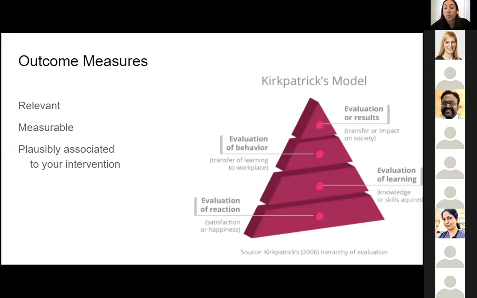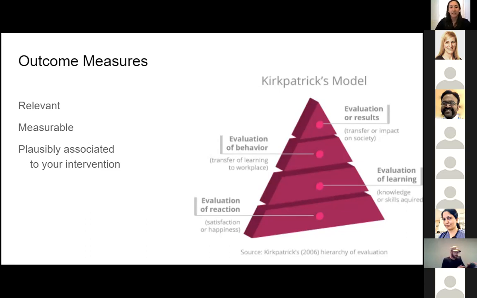So this is one of our later slides, but it's something that should be in the forefront of your mind when you're designing your study. Even before you design your case scenarios and go through all the nitty-gritty details of how you're going to implement it, the most important thing is, what am I measuring? I think of this like when you're designing a talk or a curriculum: what are my learning objectives?